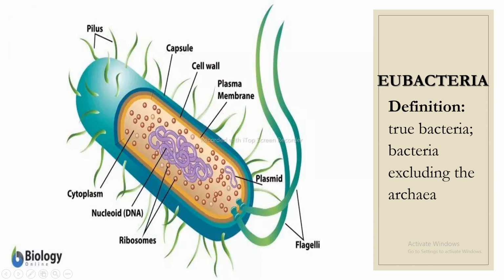These are ribosomes, and you can see the nucleoid region, which is also known as the DNA. And this is the cytoplasm. So Eubacteria is also known as true bacteria, bacteria excluding the Archaea. This is the structure of Eubacteria as shown in the figure.